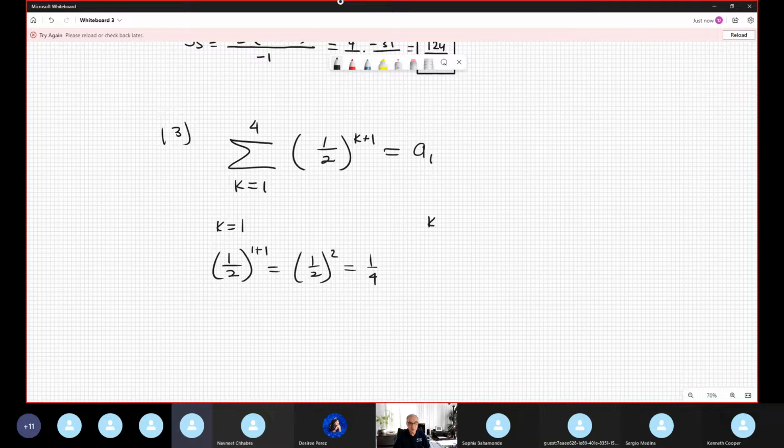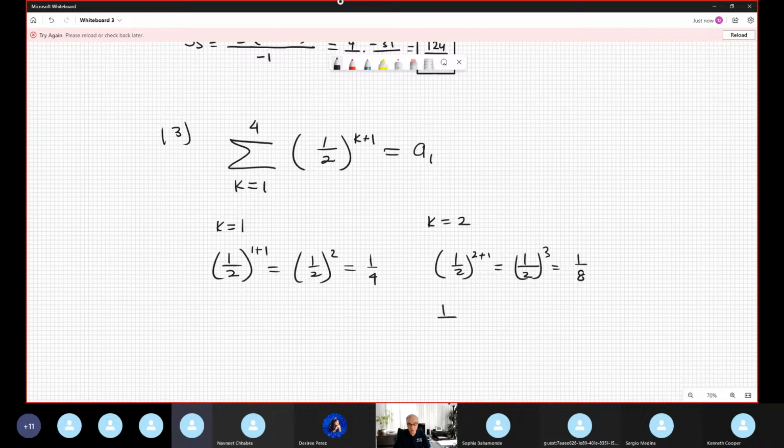And the second is 1/2 raised to the 2 plus 1. Then 1/2 raised to the third power, which is 1/8. I suppose we can almost predict that the common ratio is 1/2, but it doesn't matter.